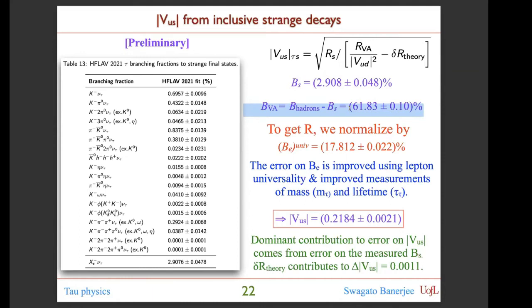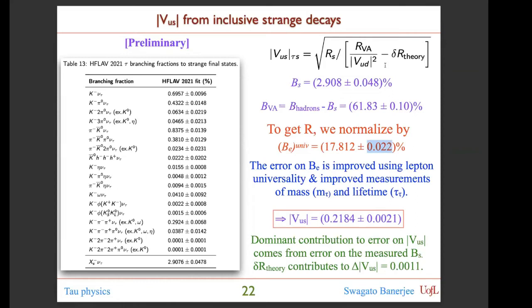To obtain R, we normalize these branching fractions with the electron branching fraction, and we improve the precision on the electron. Namely, we use the measurements of the mass and the lifetime to obtain a better error on the electronic branching fraction.